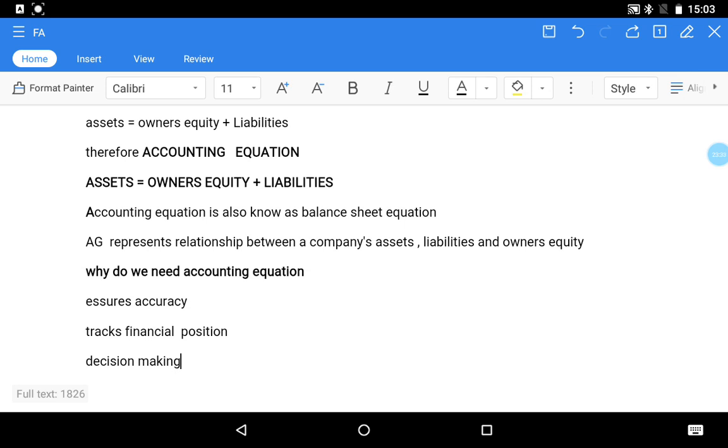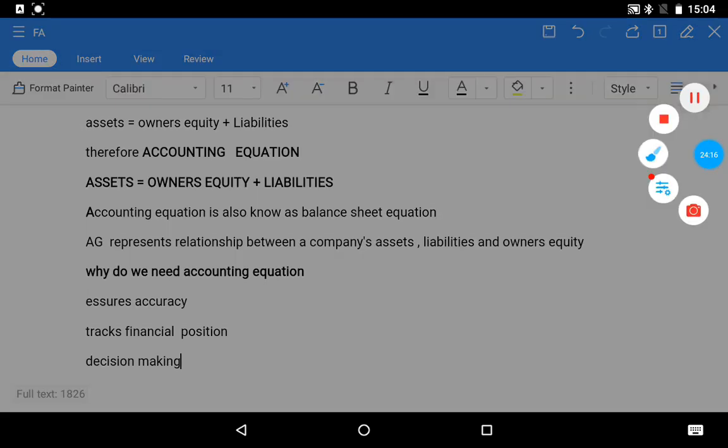And when you prepare the accounting equation, all information is available, because it covers a big percentage of the business. Almost everything in business is under financial position, so it will be easy for them to make a decision. Even you as the owner can see you have these assets, this and this, and it is very easy to make decisions, maybe to add on capital or to do other things.